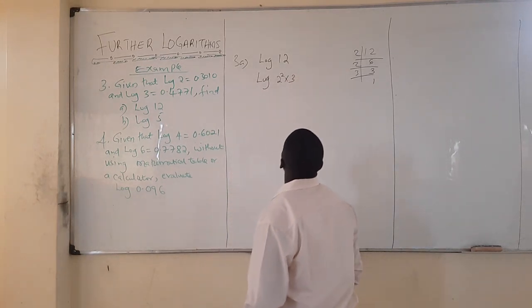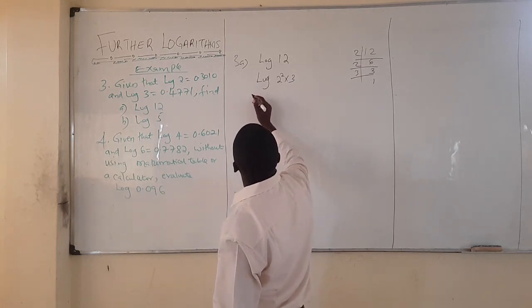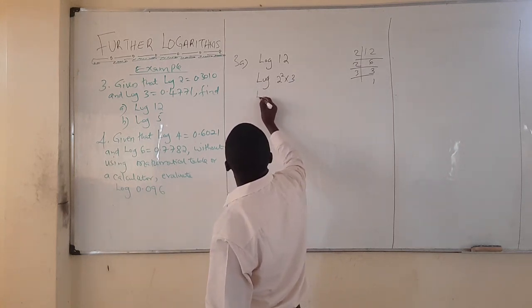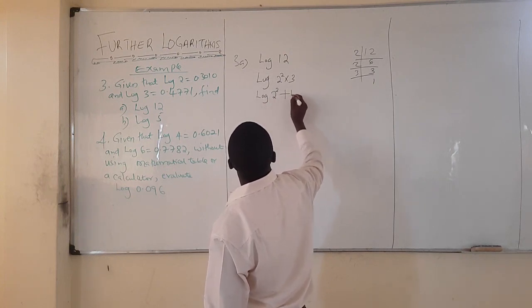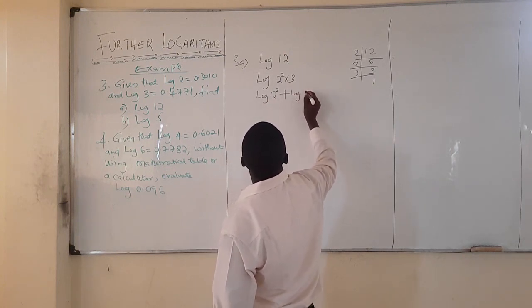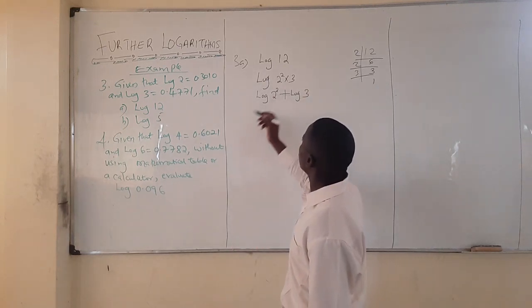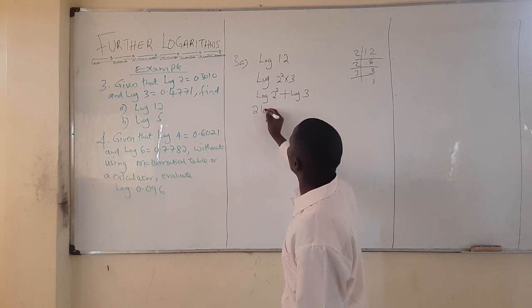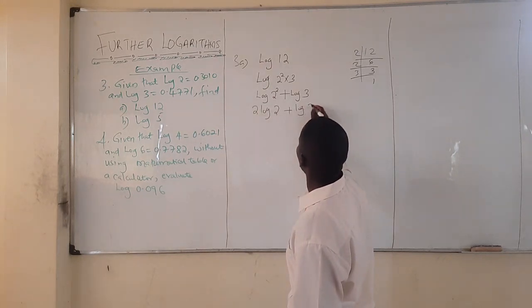And of course, that is 12. And then this one you can have it as the log of 2 squared plus the log of 3. And then this one you drop the power, you get 2 log 2 plus the log of 3.